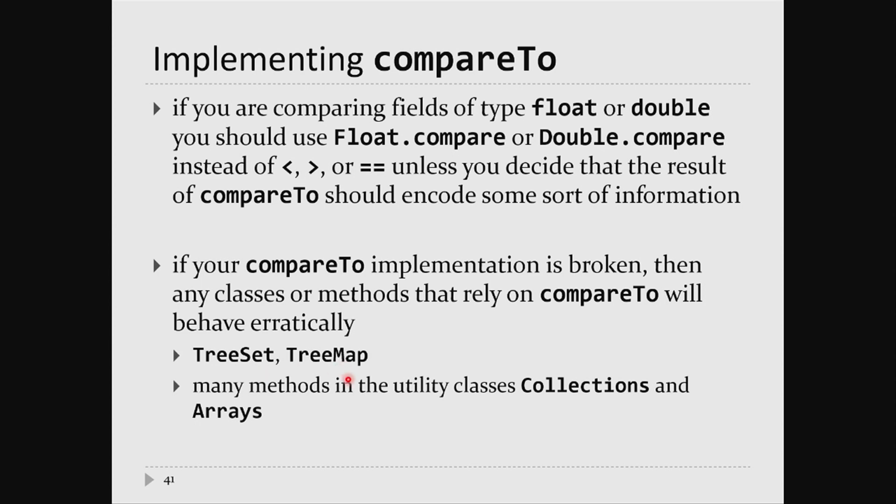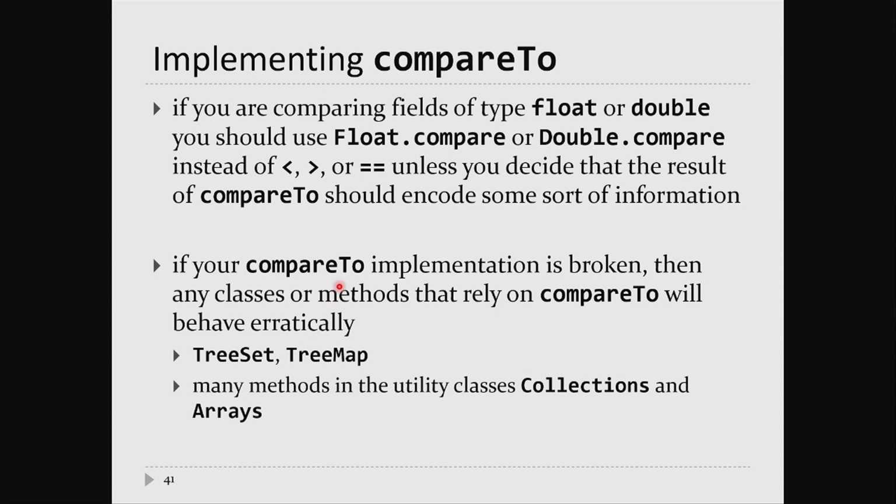Similarly, if you try to put them into a TreeMap, again, you get strange behavior. Why? Because these two things sort their collection of objects. And how do you sort? Well, you compare objects. That's how all the sorting algorithms that we've shown you work. There's some sort of comparison between two different objects. TreeSet and TreeMap both use compareTo to compare objects.